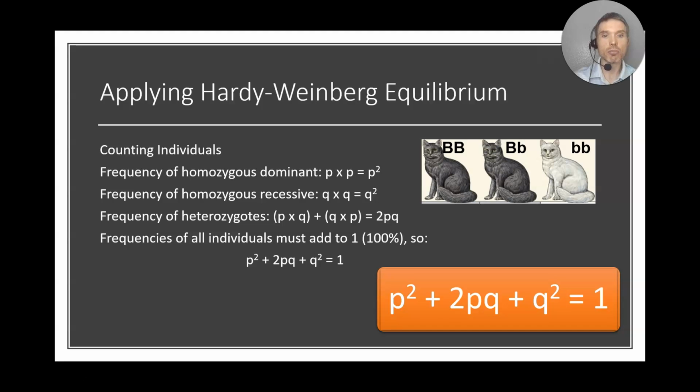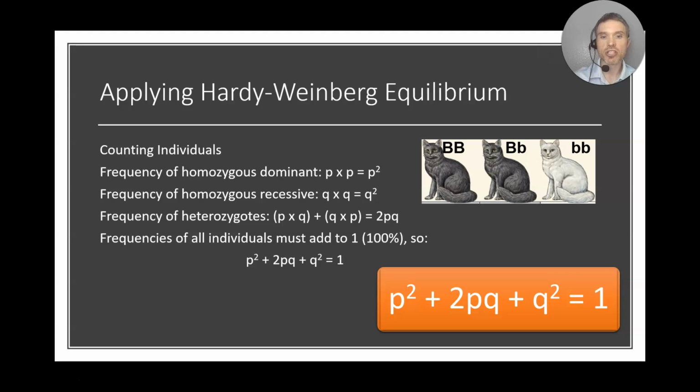And lastly, our heterozygotes. Remember that our heterozygotes are represented in this instance by the dominant allele, big B, and the recessive allele, small b. So p times q. But remember that these can also be represented by small b, big B. And I'll tell you right now that the order of the alleles doesn't matter.